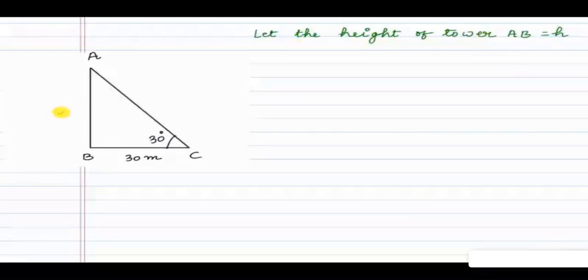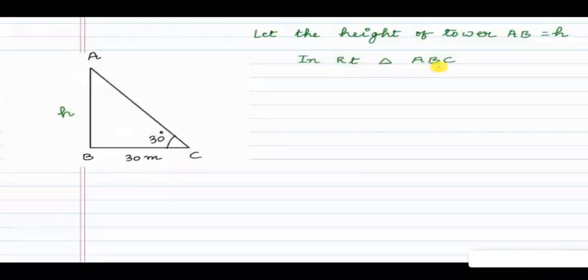For this 30 degree angle, we have to find h, that is our opposite side, and we are given BC, which is our adjacent side. So we will make use of tan, because tan 30 degrees will be equal to opposite side over adjacent side.